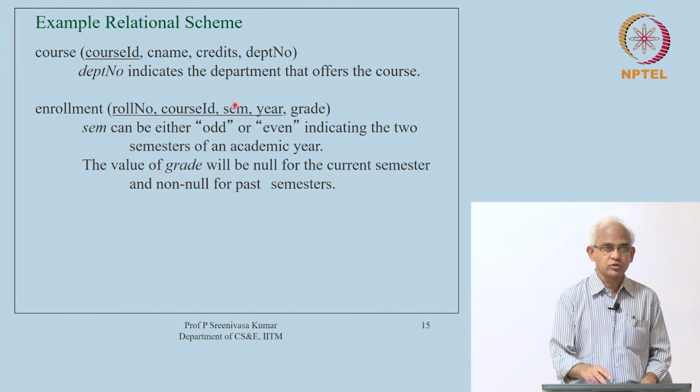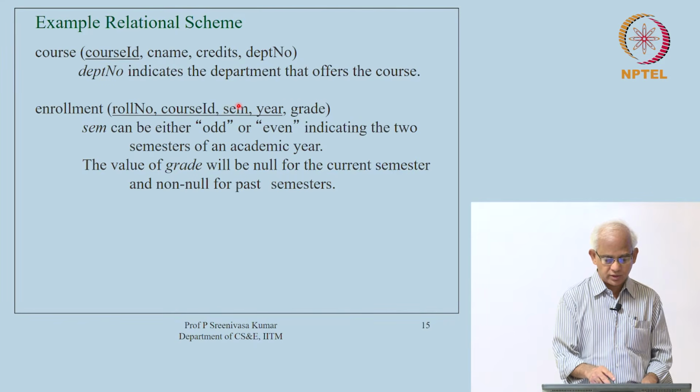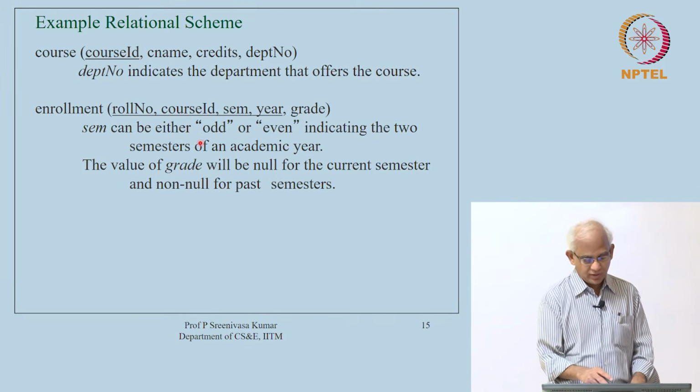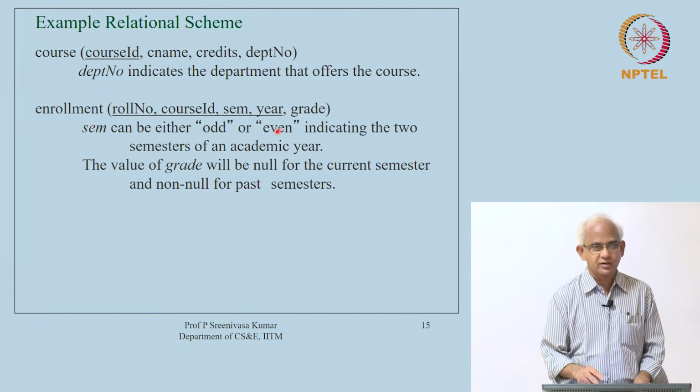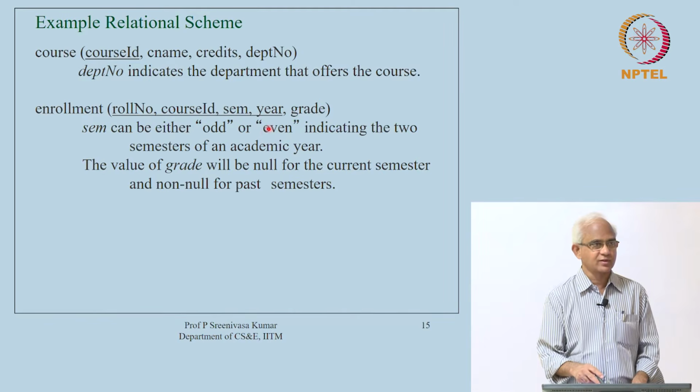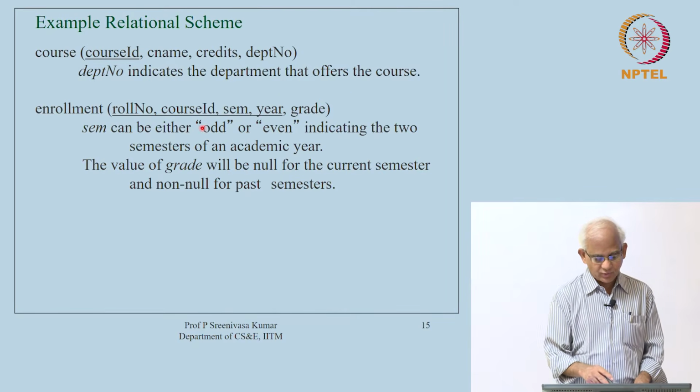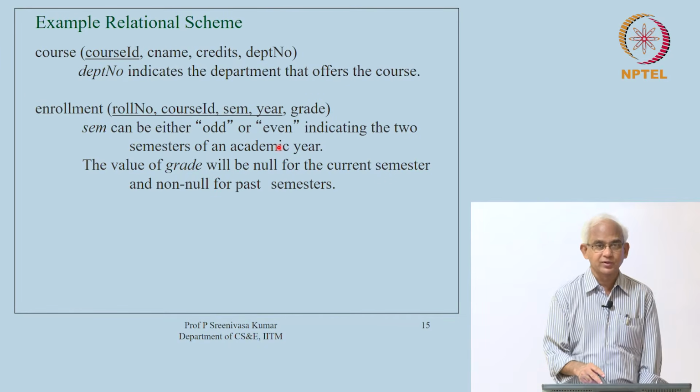And what we will assume here is that this SEM attribute stands for semester and it has the value either odd or even, standing for the August semester and the January semester. So we are in the odd semester now, though there is actually nothing odd about the semester.